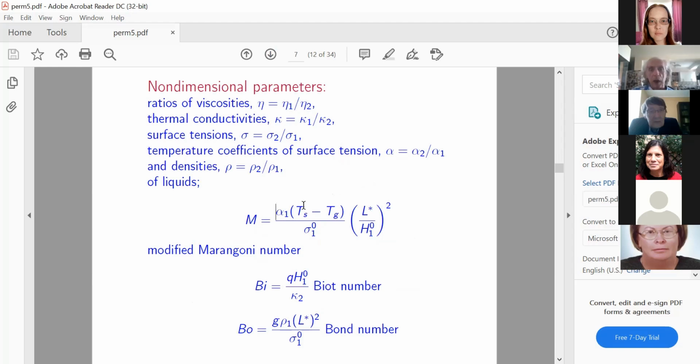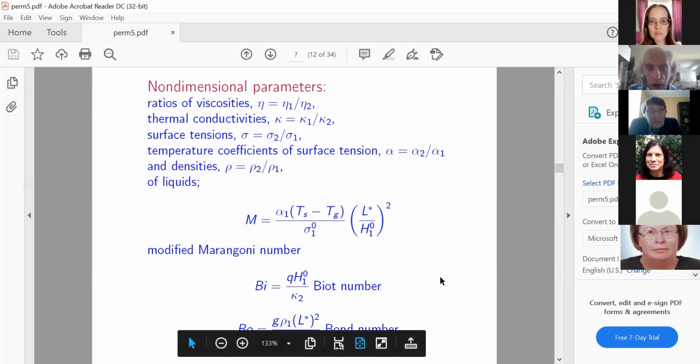Also, there is a parameter: we will heat or cool some solid body below the liquid substrate. The non-dimensional difference between the temperature of that solid substrate below the liquid layer and the temperature of the gas is a parameter which I will call the Marangoni number, though it's not really a Marangoni number, its definition is different. And another parameter is the non-dimensional gravity, the Bond number.